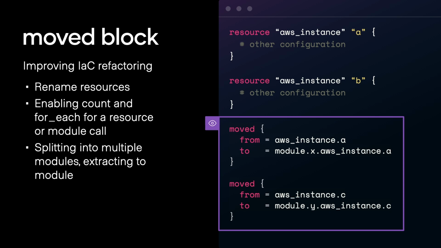Take commonalities in the configuration or in the code and extract them so that you can dry them up, right? Doing that in the past required developers to go into state file surgery, what we would call that, which is certainly not a recommended approach and actually quite dangerous. With this, it makes it quite easy to extract that and just tell Terraform, hey, what used to be called A or foo is now called bar, right? So there's no change in the actual infrastructure, thus allowing you to easily refactor.